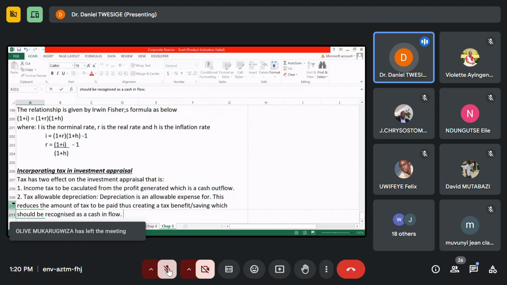So whenever you are analyzing tax, you are going to analyze tax in the two aspects that we are talking about here.